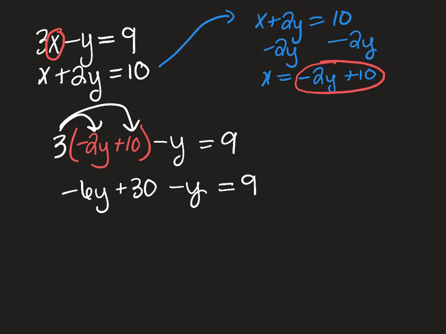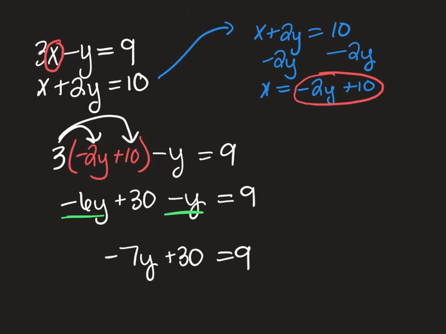All right, so then combine like terms. So negative 6y minus y is going to give us negative 7y plus 30 equals 9. All right, subtract the 30.